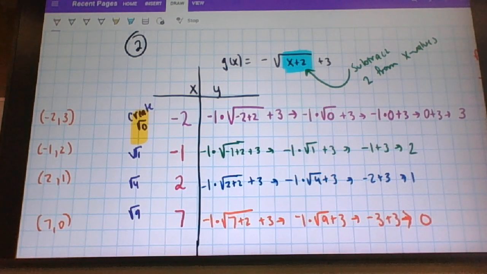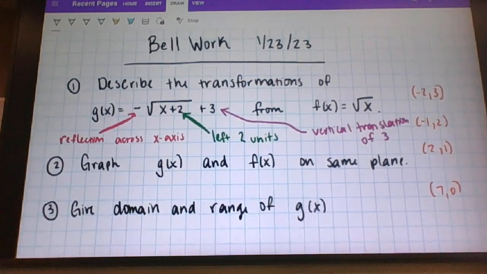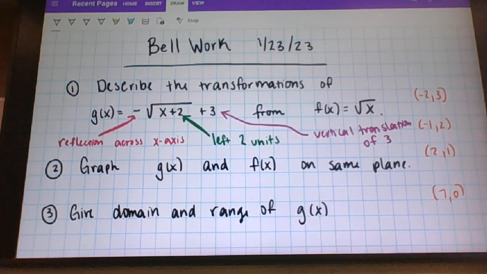Let me go back to the problems. So this is what we're doing right now. Describe the transformation with words. Number 2 is to graph them. And number 3 is to give domain and range. So I'll take a moment of pause.